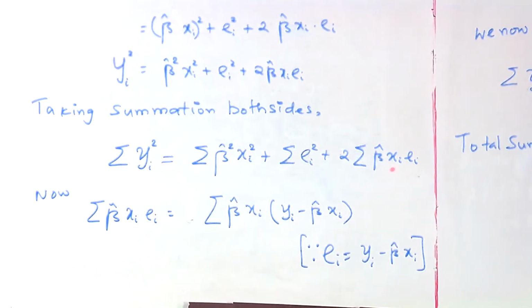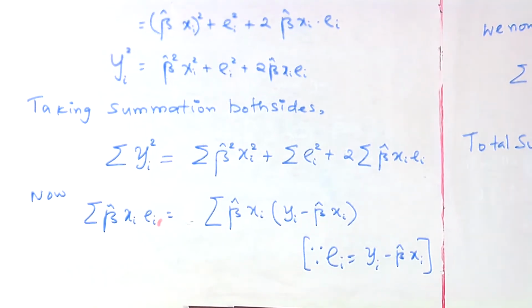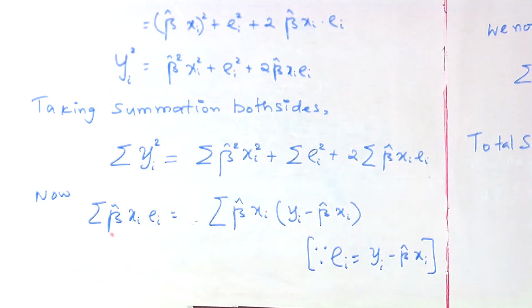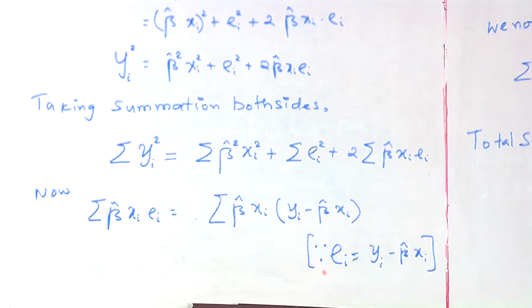Now let us take the last term without this 2. We get sigma beta hat xi ei is equal to sigma beta hat xi into yi minus beta hat xi, because ei is equal to yi minus beta hat xi.